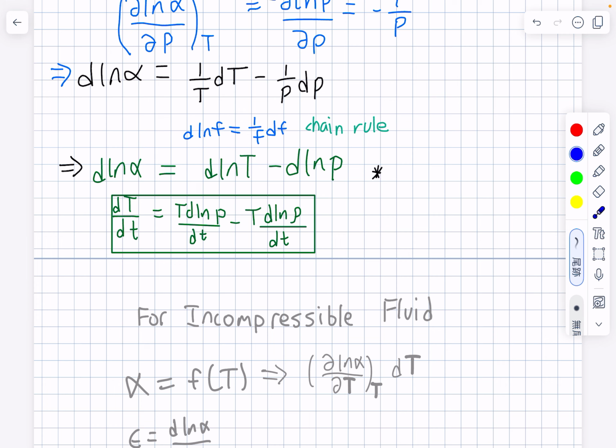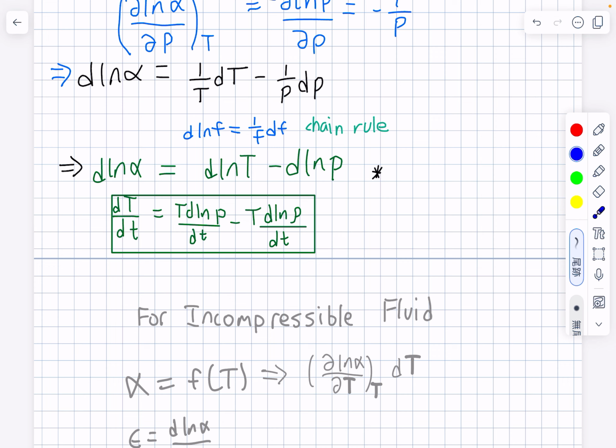And we could, for example, differentiate this over time, dt, to give us an equation called the temperature tendency equation, which basically tells you, if you know the change in pressure over time and the change in density over time, then you know the change in temperature over time.